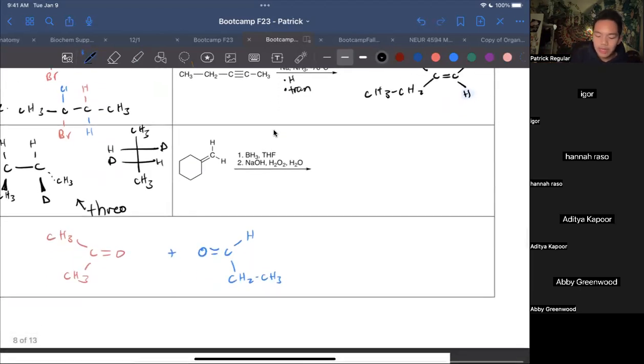Okay, last one. BH3, THF, NaOH. When you're dealing with an alkyne, if it's terminal, it would want to add a double bonded O to the terminal most carbon and make an aldehyde. But if it's a double bond, you're just going to do anti-Markovnikov addition of OH. Syn addition.